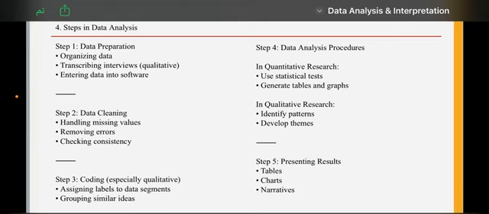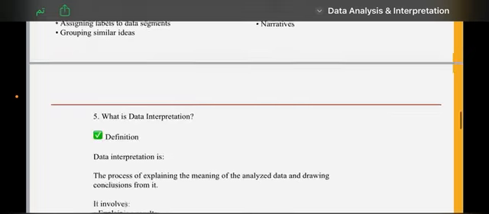The third step is coding, especially with qualitative data, assigning labels to data segments and grouping similar ideas. The fourth step, the data analysis procedures. In quantitative research, use statistical tests and generate tables and graphs. But in qualitative research, they identify patterns and develop themes. Step 5, presenting results like tables, charts, and narrative.